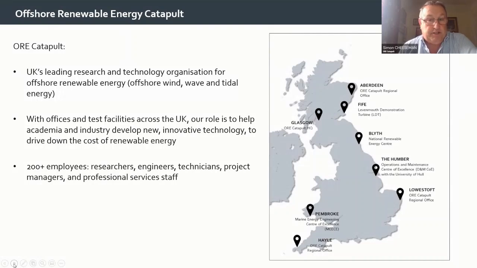But you come to any of the offices and you go through the doors, and we're the entry point into the overall Catapult organisation. We've got over 200 employees now that are working there with both SMEs and original equipment manufacturers to develop innovative technology, and also doing policy work with the government. Next slide, please.